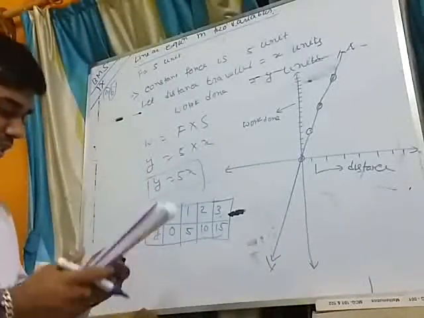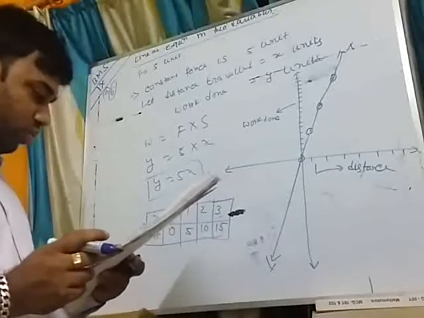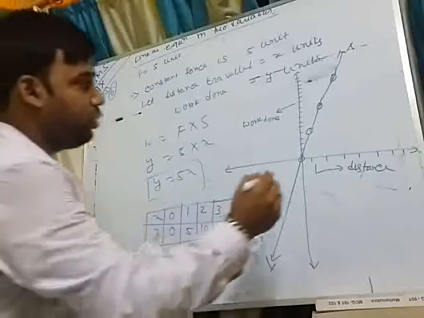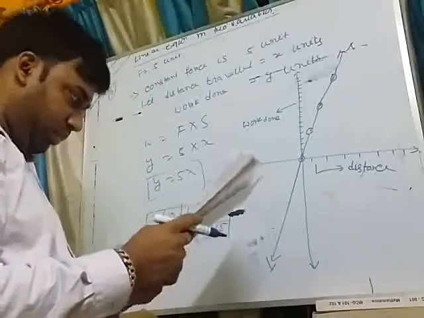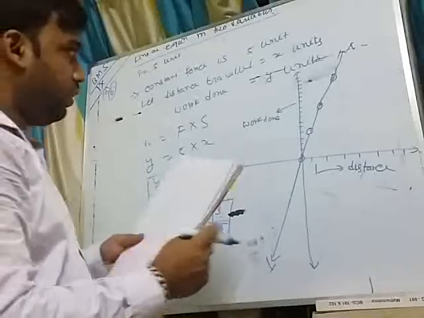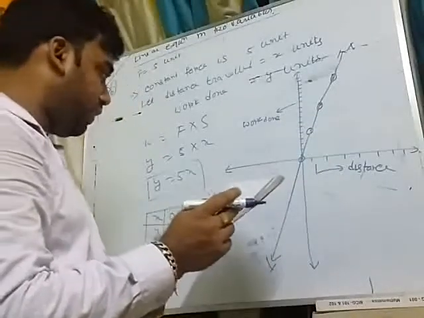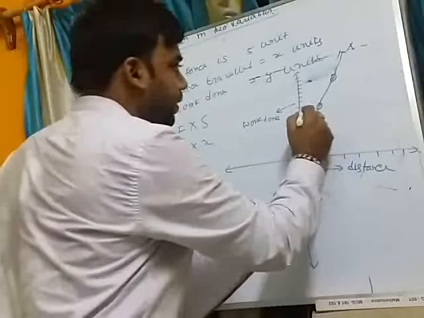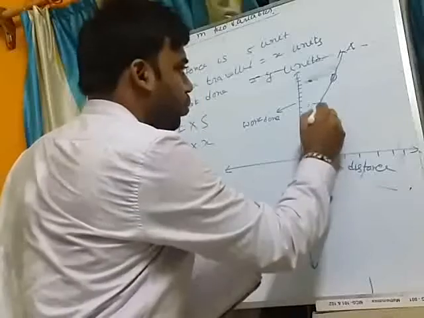Now two questions are asked here. If the distance is 2 unit, then work done is 10.